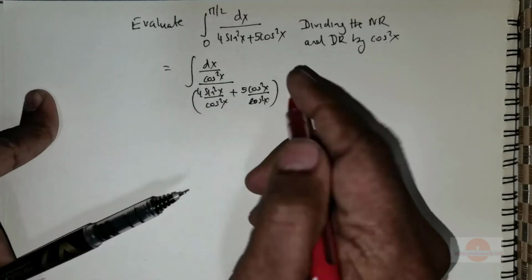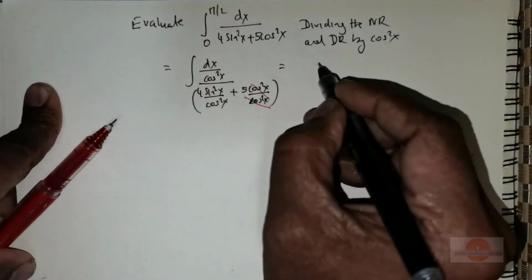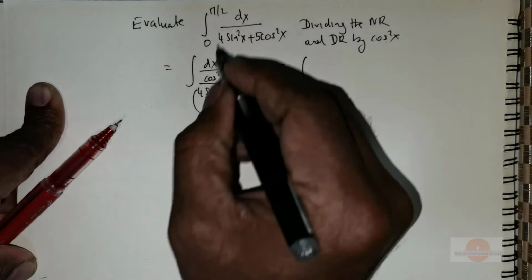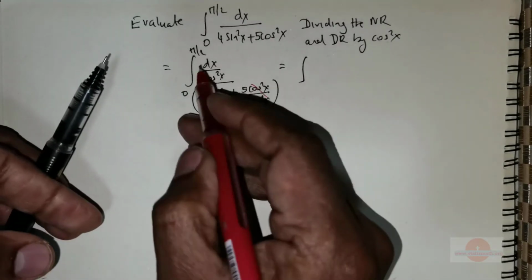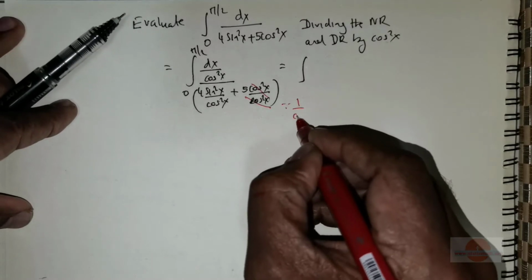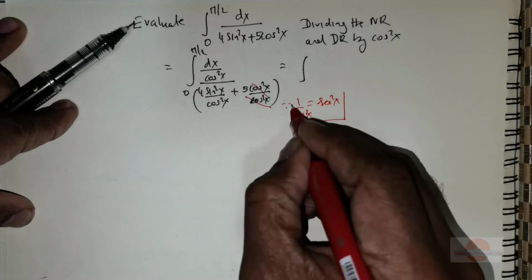Now clearly the cos squared x that you see in the denominator can be cancelled, giving me the integral. Of course the limits are 0 to pi over 2. Now 1 divided by cos squared x is nothing but secant squared x.